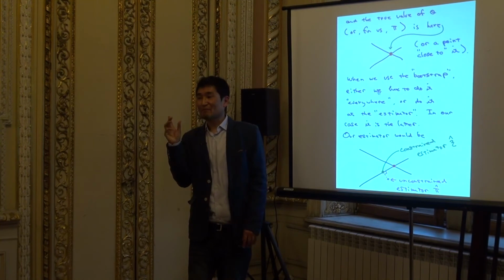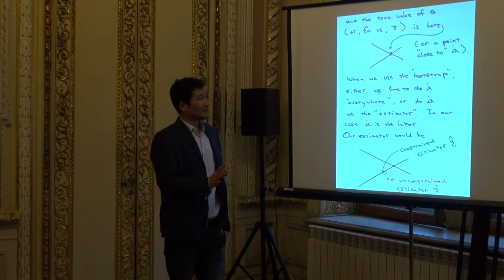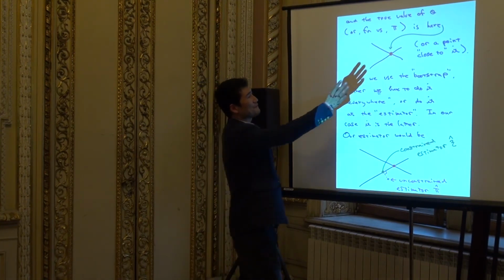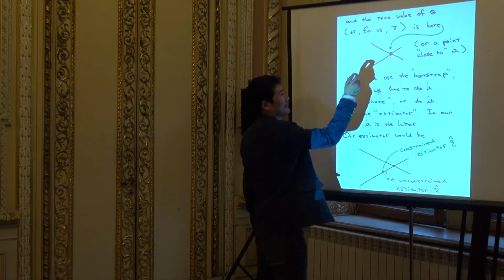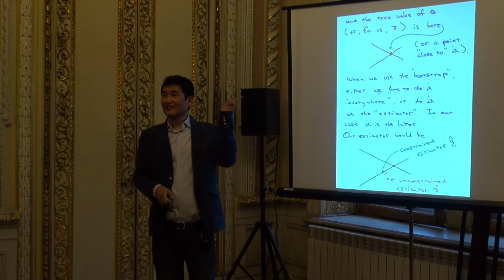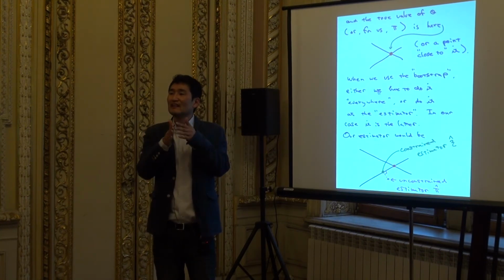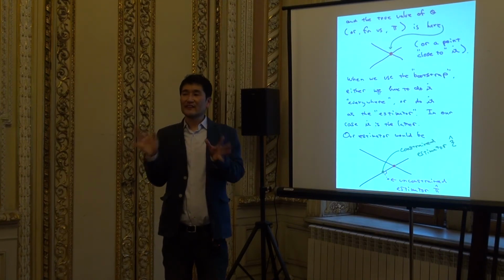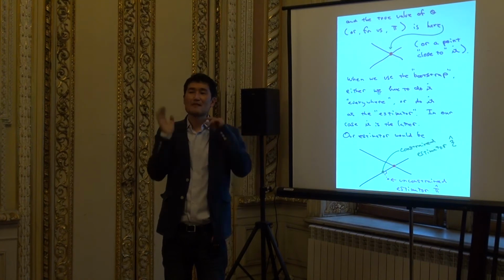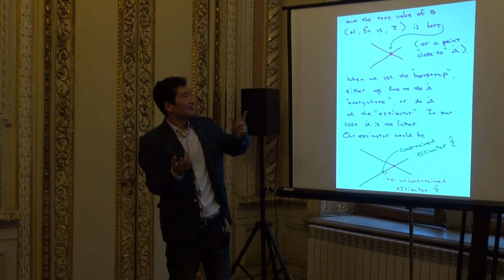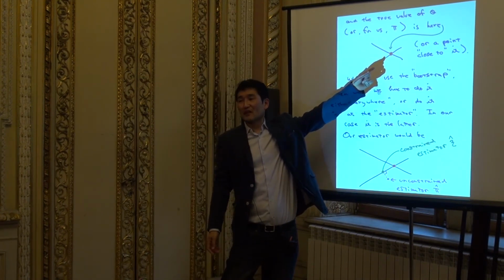But the upshot is that if the true probability vector is that red dot, then you have to use a special calculation to do critical value calculation, and people know how to do it. But the problem is that in reality, of course, you don't know where the red point is.